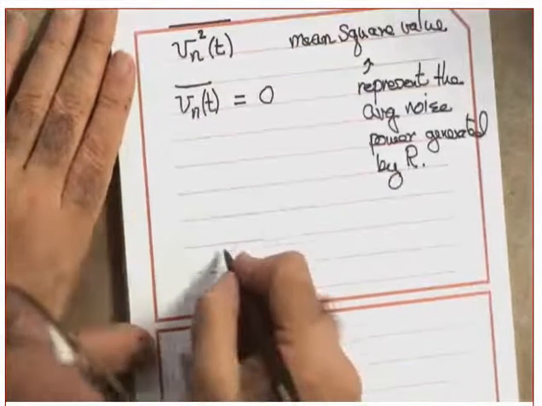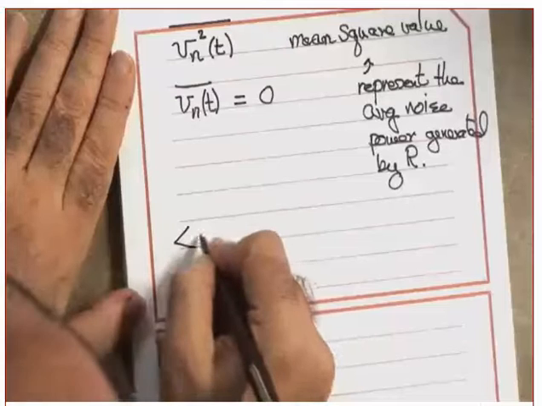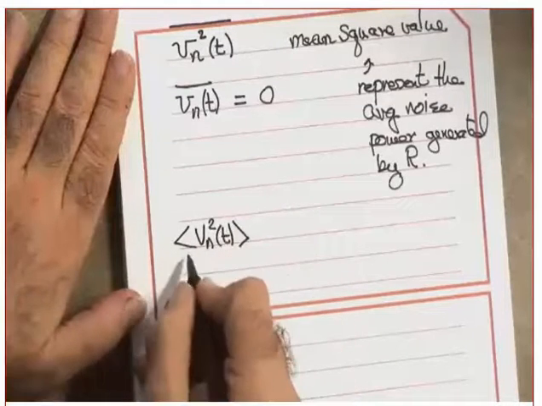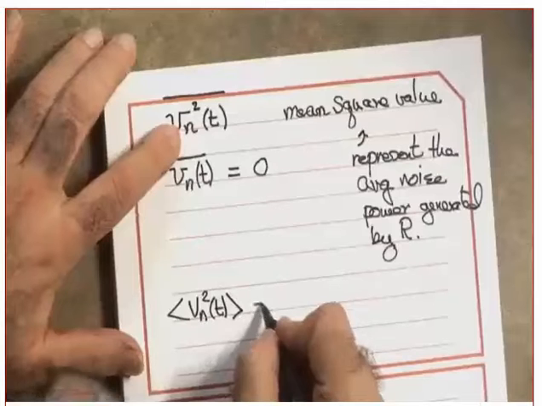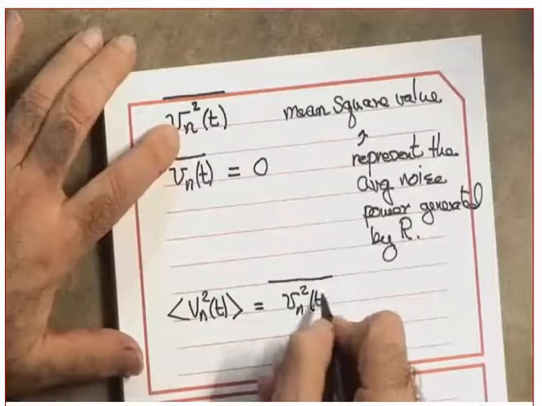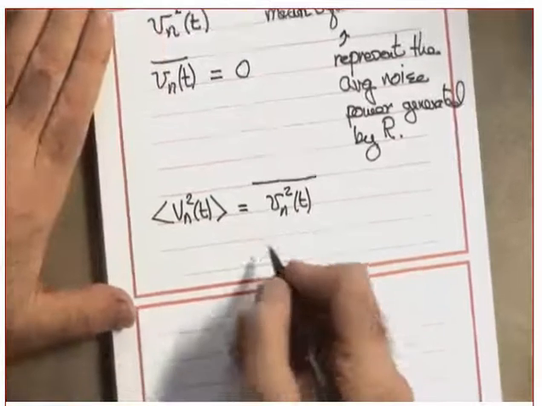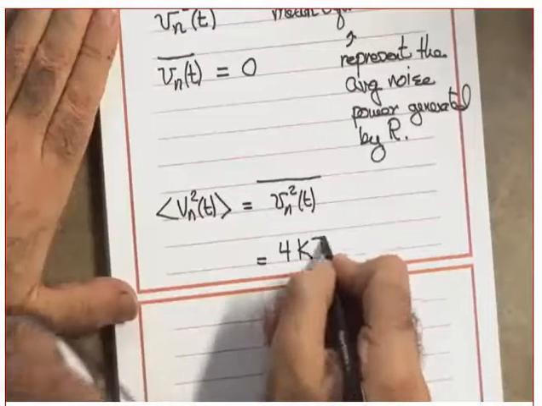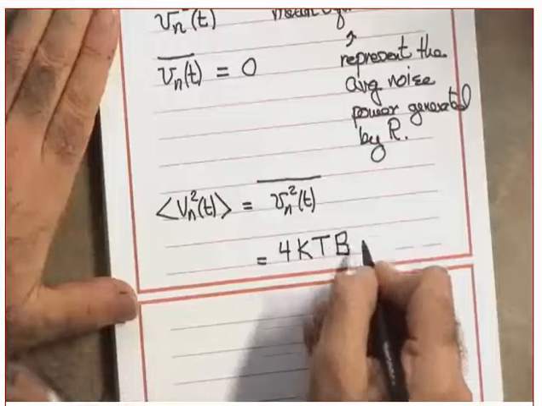By the way, you can also write it like this, either this or this, same thing. They found it equal to 4KTBR.